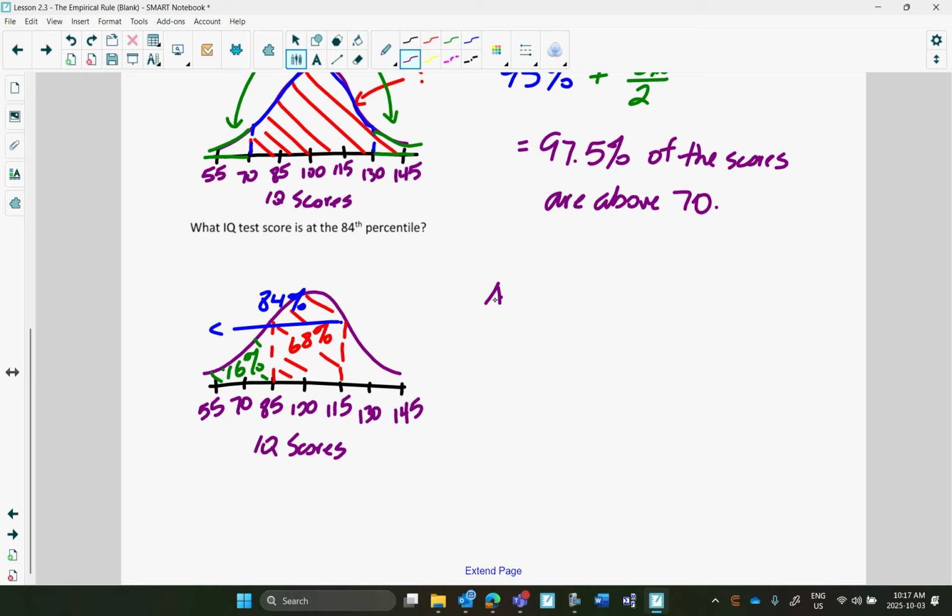A score of 115 is at the 84th percentile.